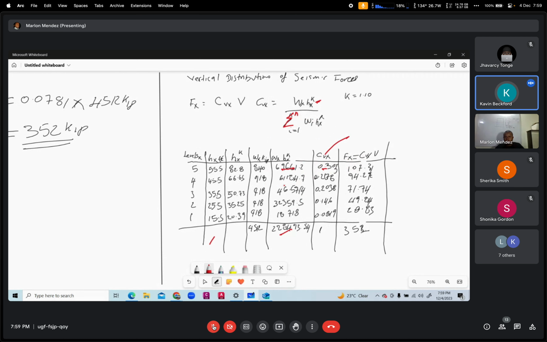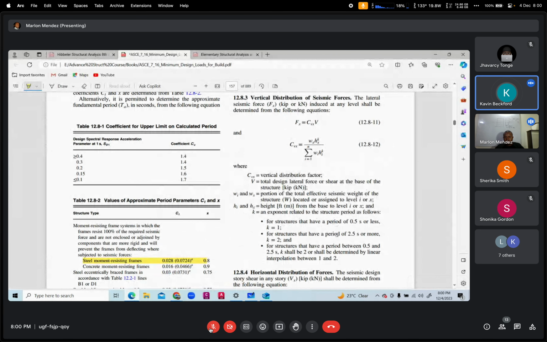I'm following so far here, so backtracking. In finding the K value, the period that we used was 0.696. So it is less than, I think it should be less than or equal to. It says here for structures that have a period of 0.5 or less, K is equal to 1.